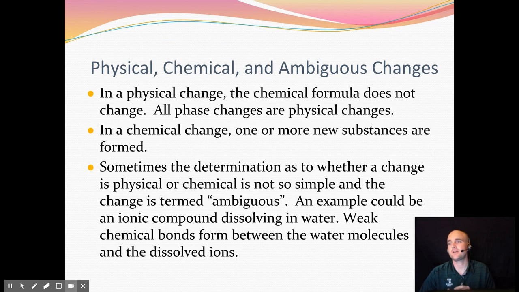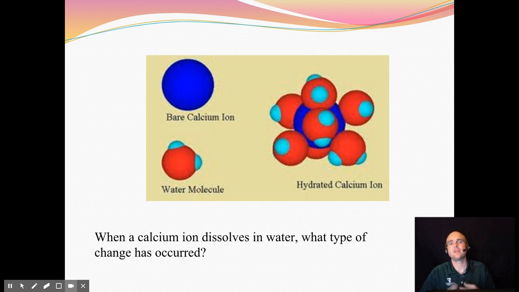Something like dissolving salt in water can actually be both a change, because you're separating the molecules and rearranging them, but you are also chemically changing them as well. The weak bonds in between the water molecules and the salt. Here's a great picture of it where the calcium and the water molecule are now weakly bonded, so that would indicate a chemical change.